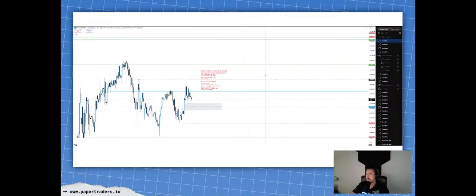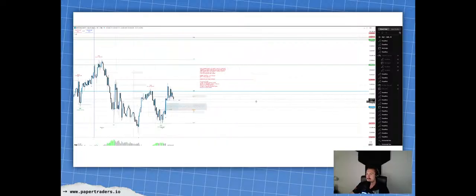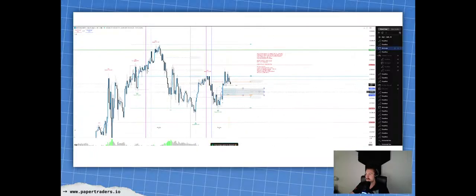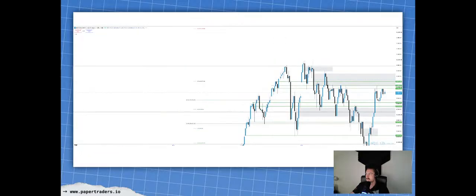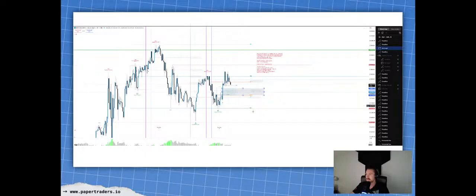We have this one on the upside. On the 15-minute, this looks a little bit like an M pattern here, still the same thing that we were saying on the 12 hour as well. Anyways.